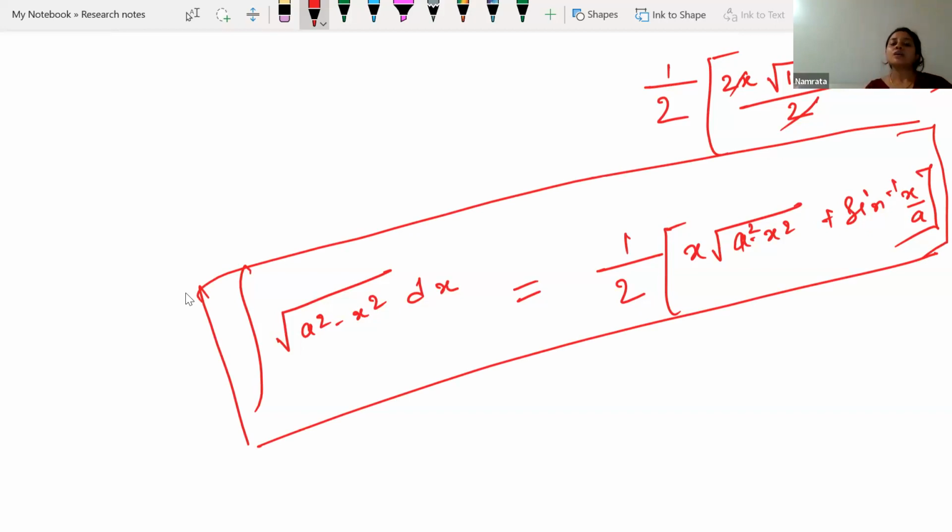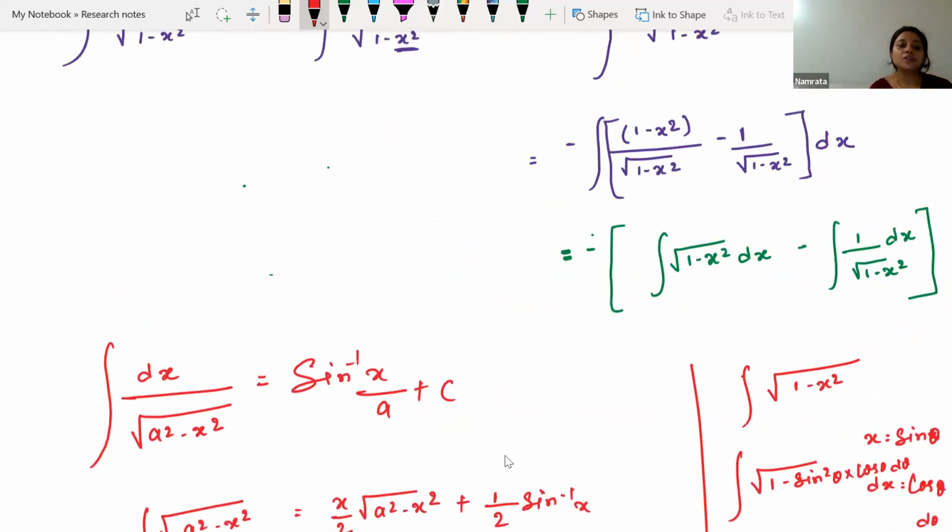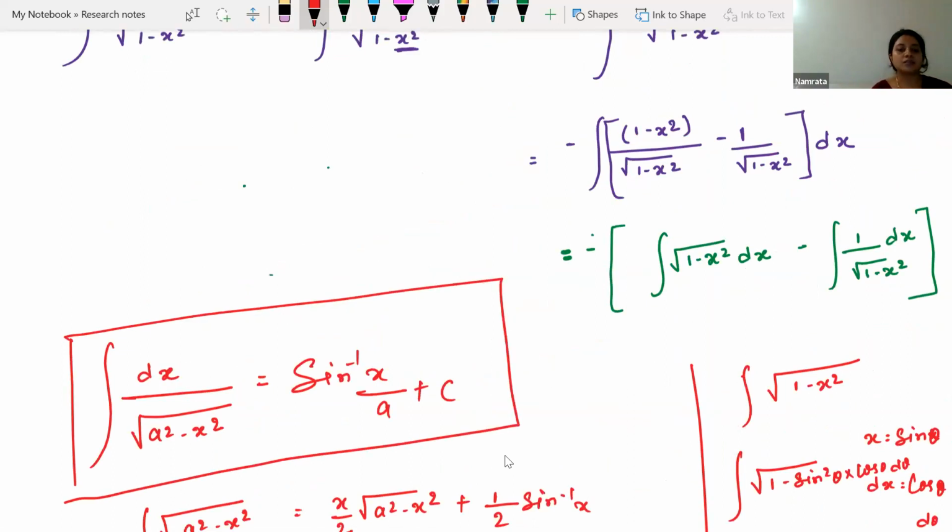There is a specific formula which we need to apply directly. So the rectangular box one we are going to apply directly, and this one also we are going to apply directly.